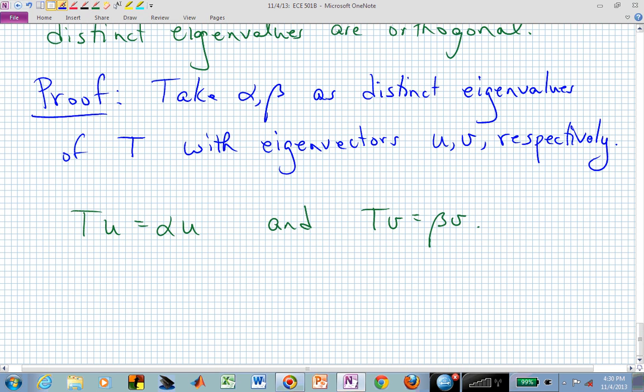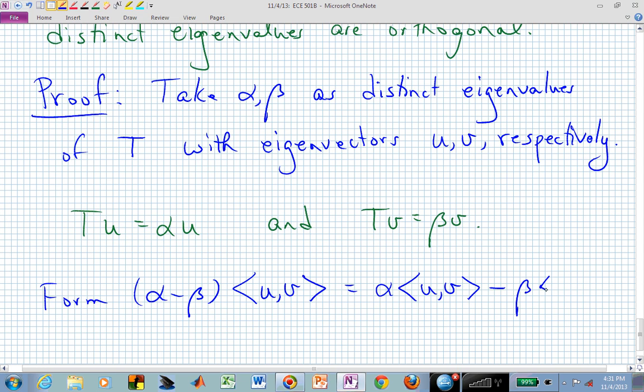Now let's create a particular relationship that we can expand on. Suppose I look at a scalar, alpha minus beta, times the inner product of u and v. I can distribute that scalar and say I have alpha times the inner product of u and v, minus beta times the inner product of u and v.